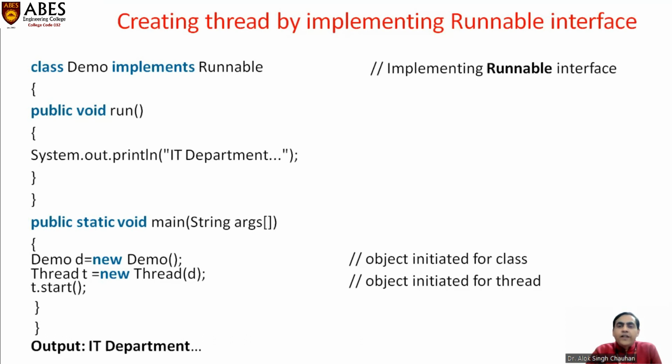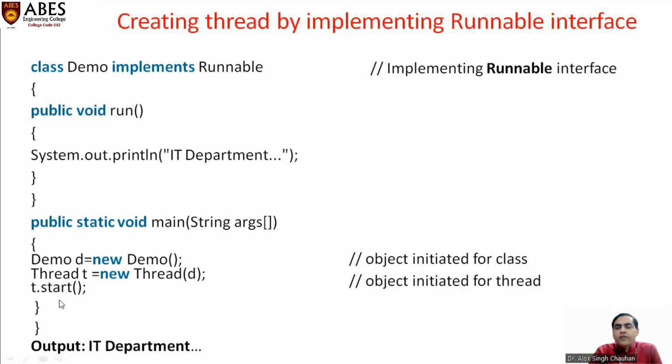So to run this program, we first have to make a Thread class object like this: Thread t = new Thread, and we pass this object into the Thread class. Then we can call the start method. So this is the process, indirectly. First we create the object of the class Demo, and we pass this object into the Thread class object. Then we can use the start method.